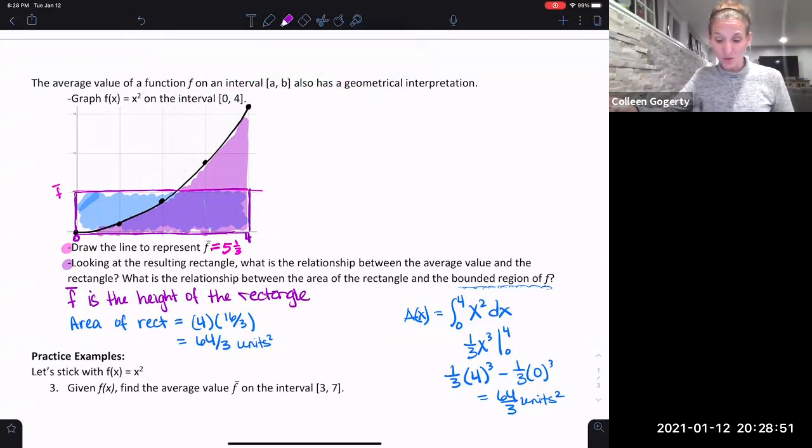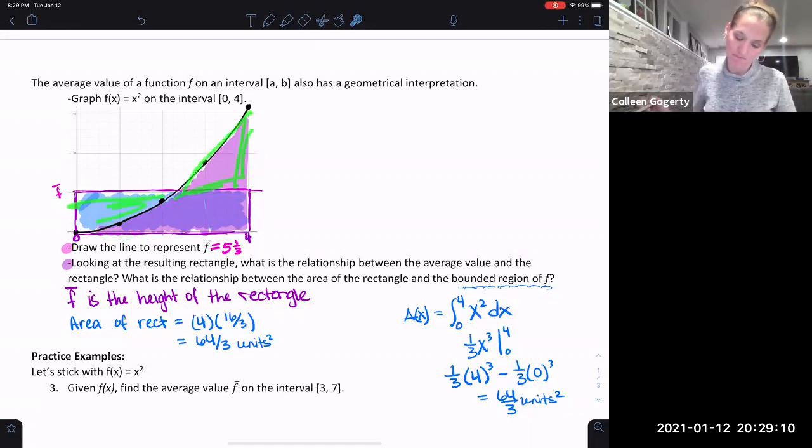So what's happening here is that this whole area has to be equal to up here. I could be looking at that a little bit wrong. Hold on. There we go. This whole area equals this whole area.